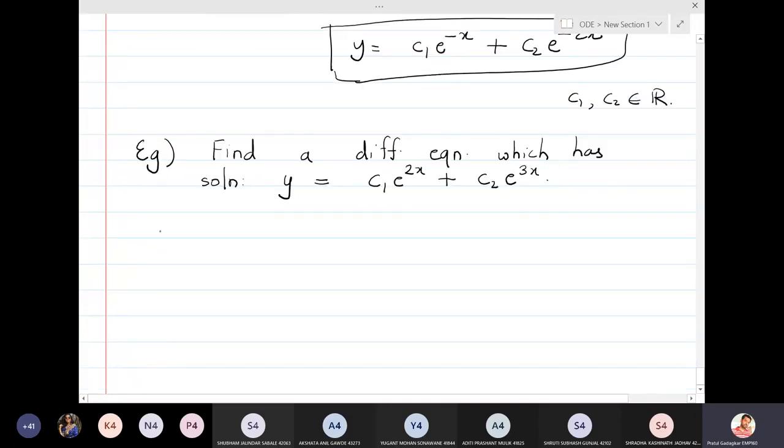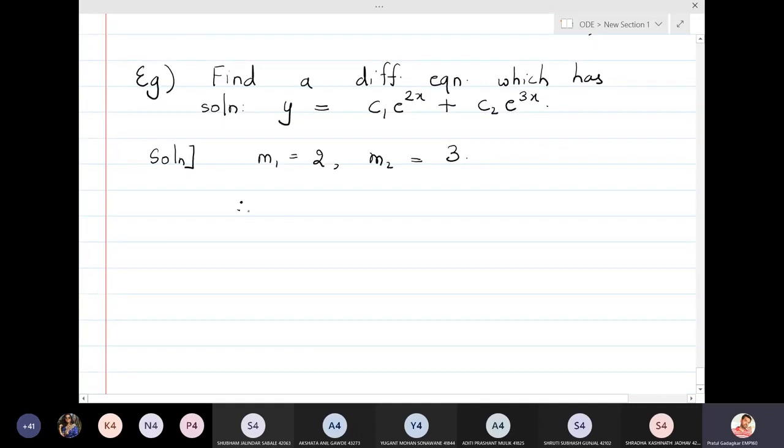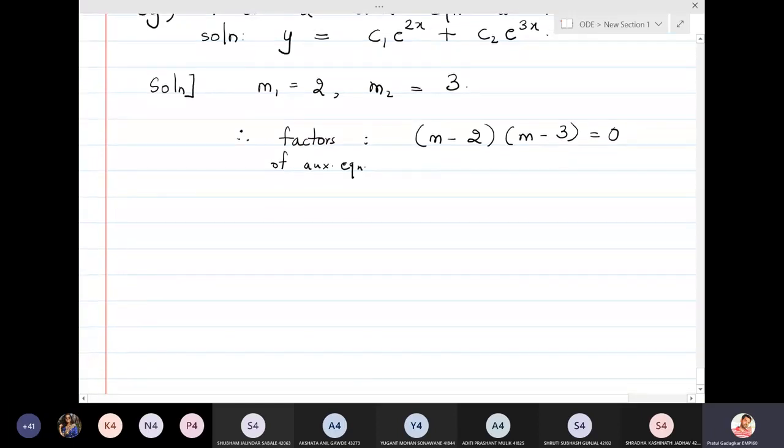Again we are going to use our knowledge that this means m1 is obviously 2 and m2 is 3, and therefore what are the factors? The factors of the auxiliary equation are obviously m minus 2 and m minus 3 equal to 0. This is the auxiliary equation.